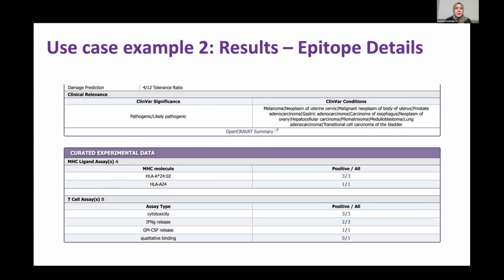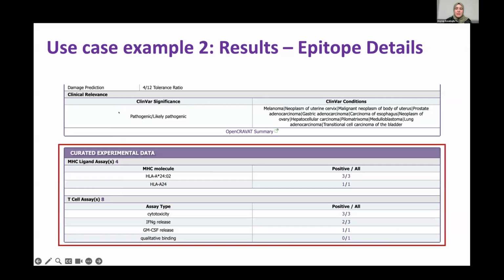So going back to the epitope details page, when we scroll a little bit further down, we see this table here, curated experimental data, and we can see all the assays that were performed and what the assays were. For example, under T-cell assays, we see 8 experiments, including cytotoxicity and interferon gamma release.